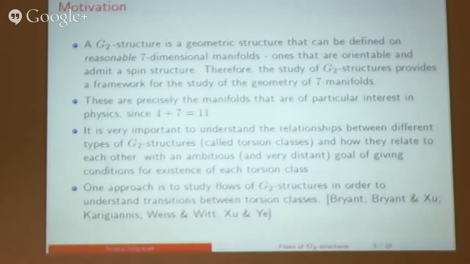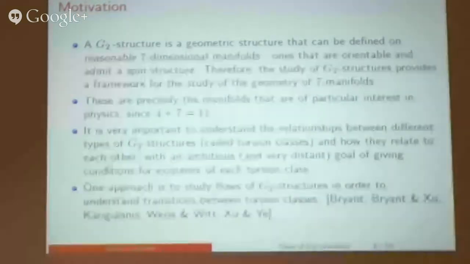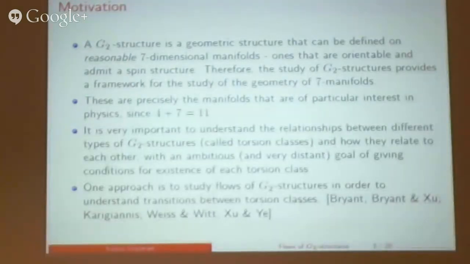In particular, the Poincare conjecture, which was a big result, was proved using Ricci flow, which is also an example of metric flow. So this kind of approach of studying flows is generally very useful in classifying various geometric or topological structures.